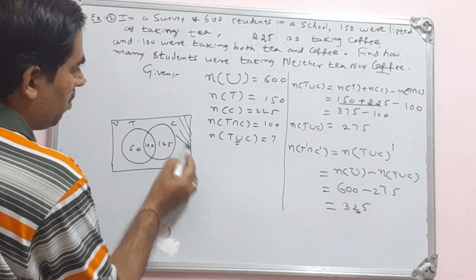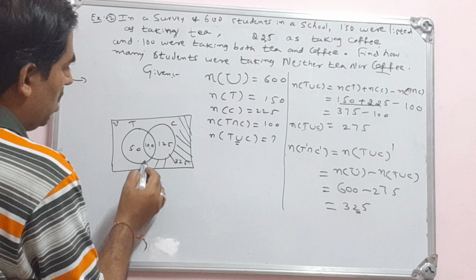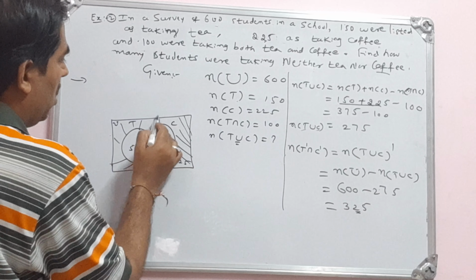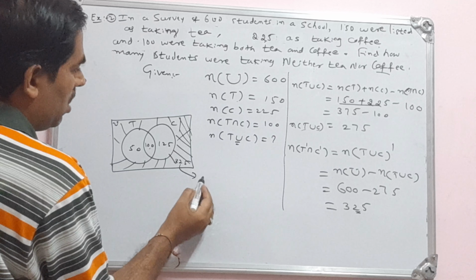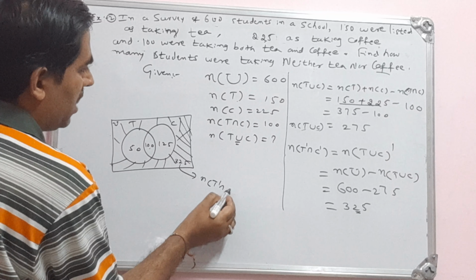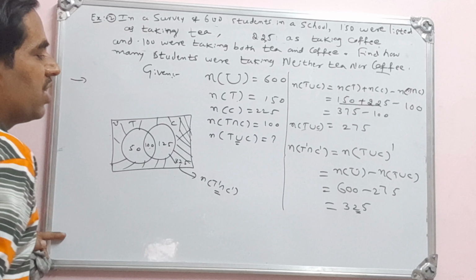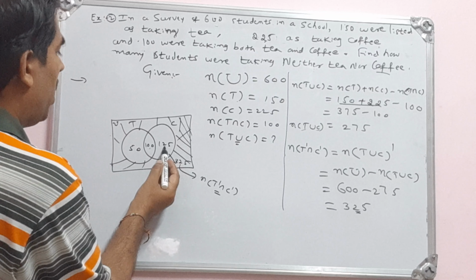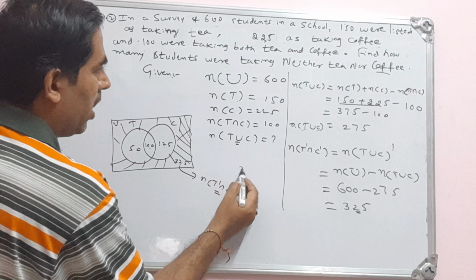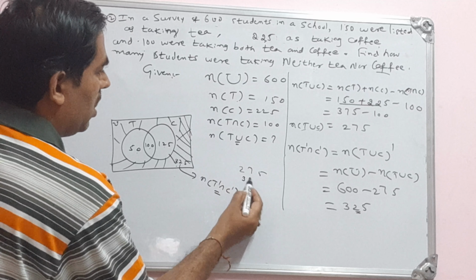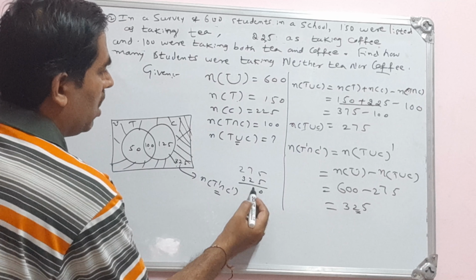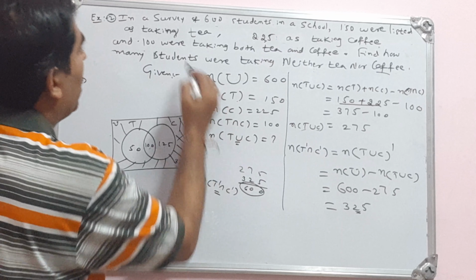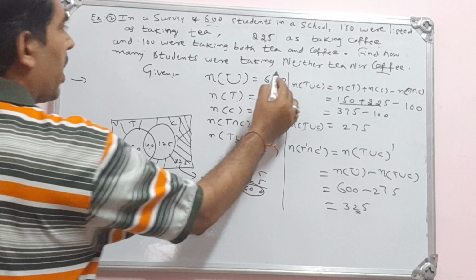So we can shade this outer portion, 325. Observe this, this will be n of T dash intersection C dash. 100 plus 125 is 225, 225 plus 50 is 275, and 275 plus 325 is 600. That is our n of U.